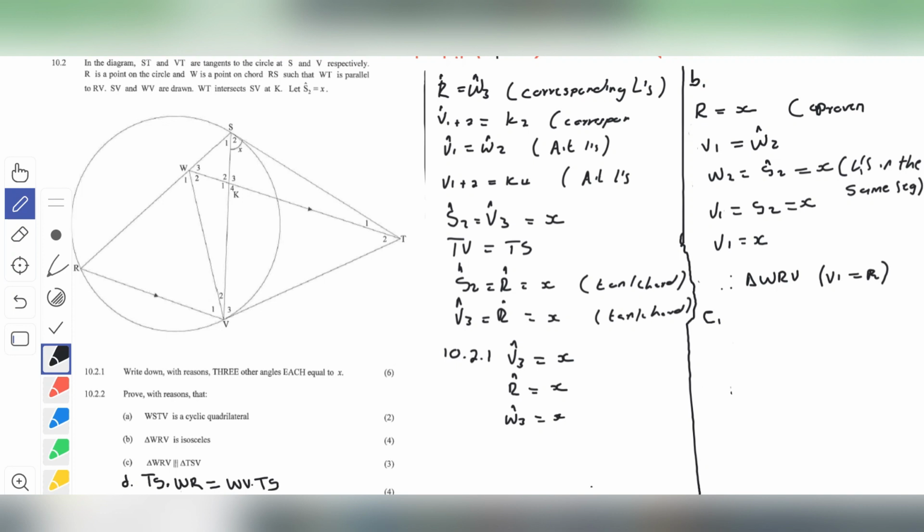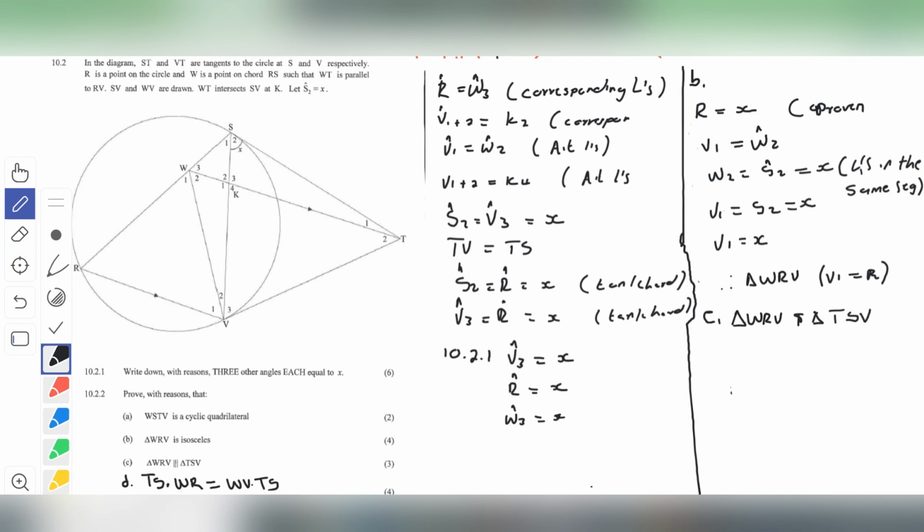So the first thing I said, we write that triangle, we name those angles: triangle WRV and triangle TSV. Then after, I said what?